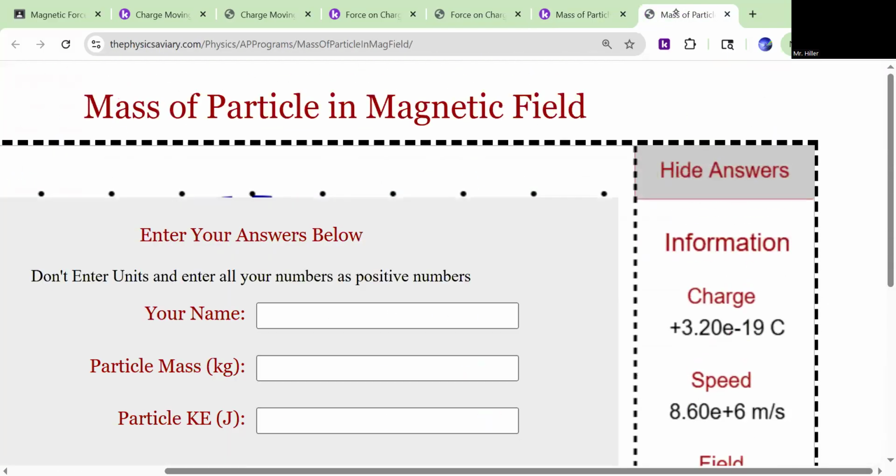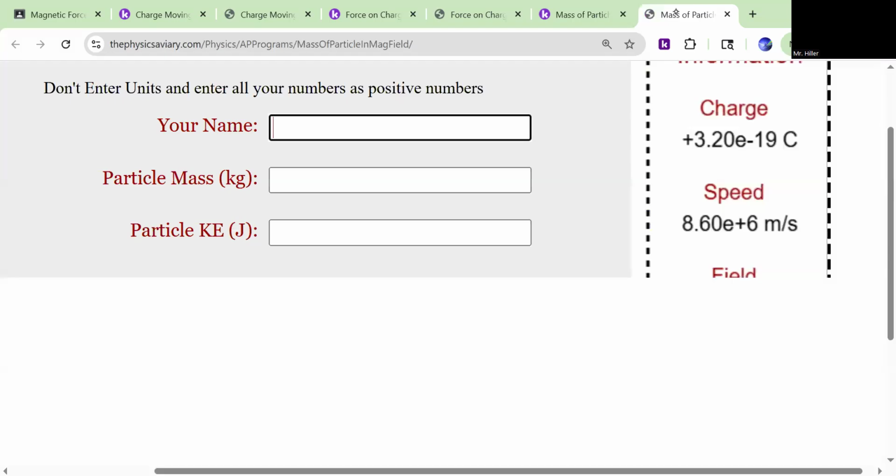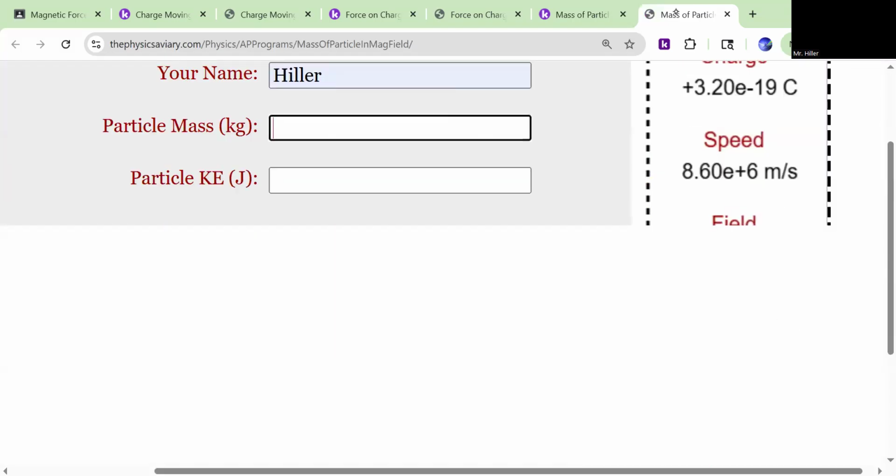So you have to go and enter answers. Your name first. My particle mass.